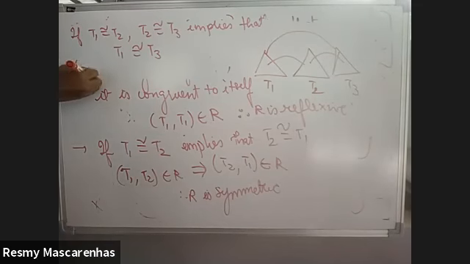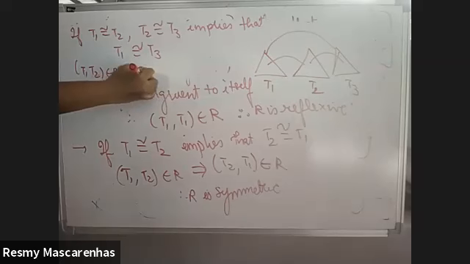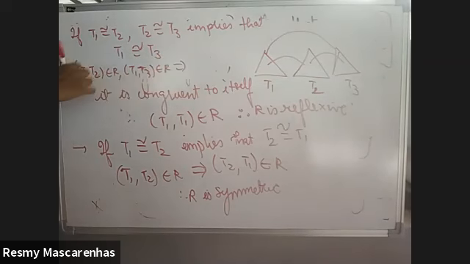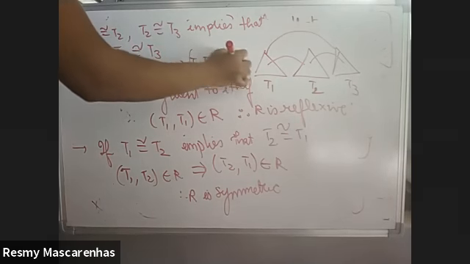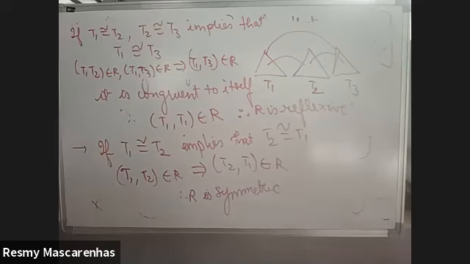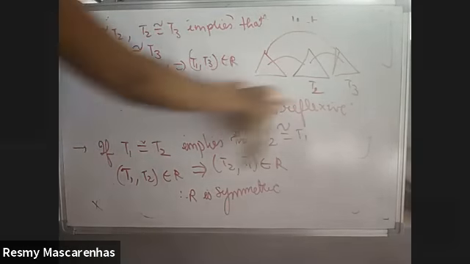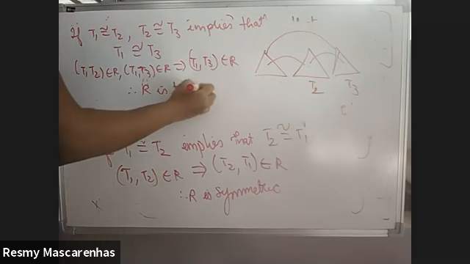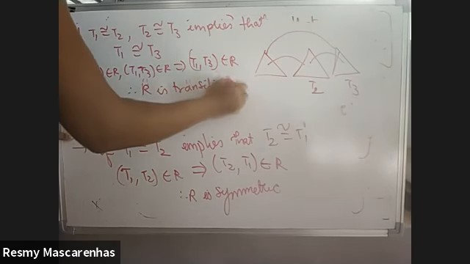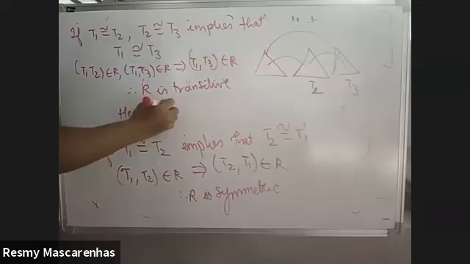Then write if T1 comma T2 belongs to R, T2 comma T3 belongs to R, implies that, therefore R is transitive. R is transitive and therefore an equivalence relation.